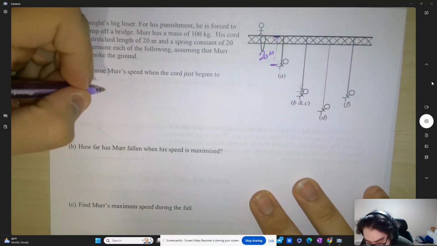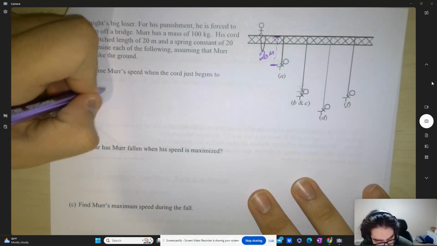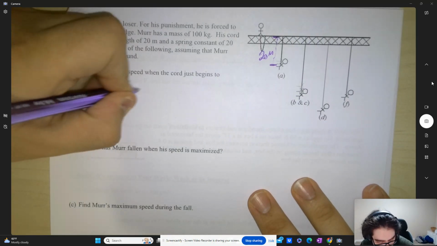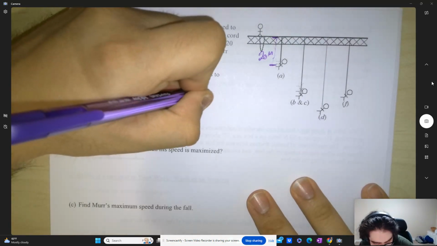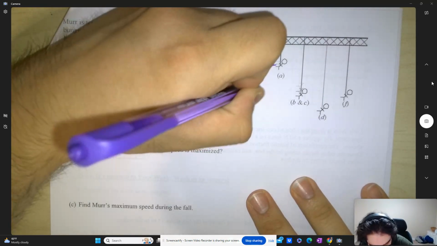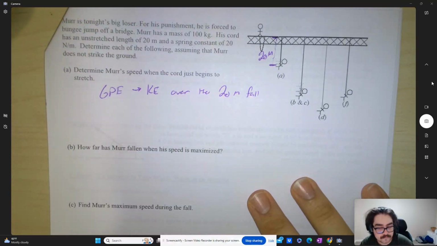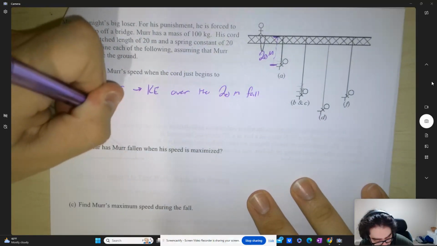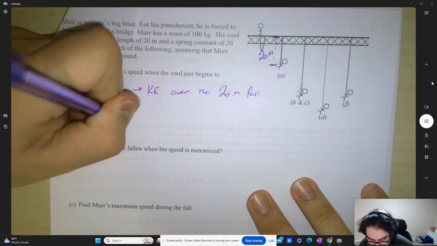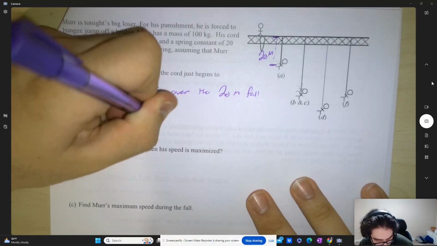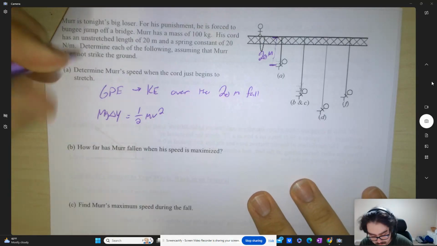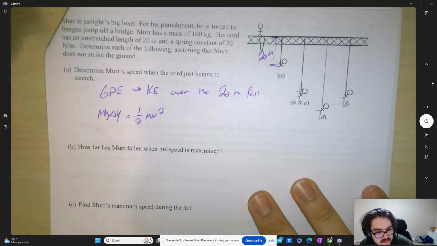Okay, so over the course of the fall, we can see that GPE, or gravitational potential energy, is turning into kinetic energy over the 20-meter fall. Okay. So if we do mg delta y set equal to 1/2 mv squared, I need to get v by itself, right?